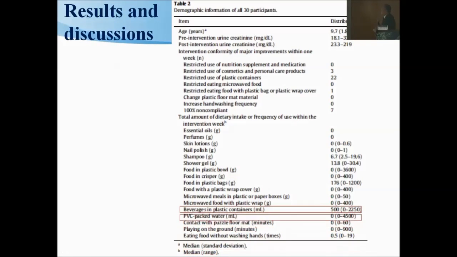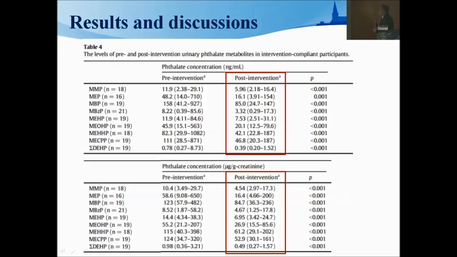This table shows the pre and post intervention urinary phthalate metabolite levels, in nanograms per milliliter, and also adjusted with creatinine.